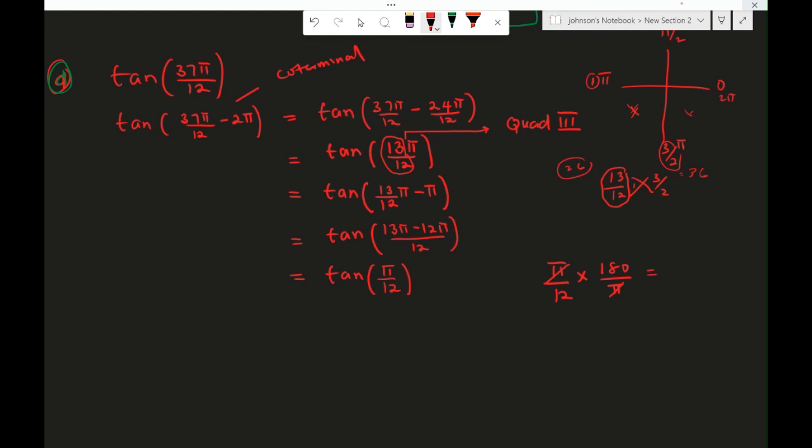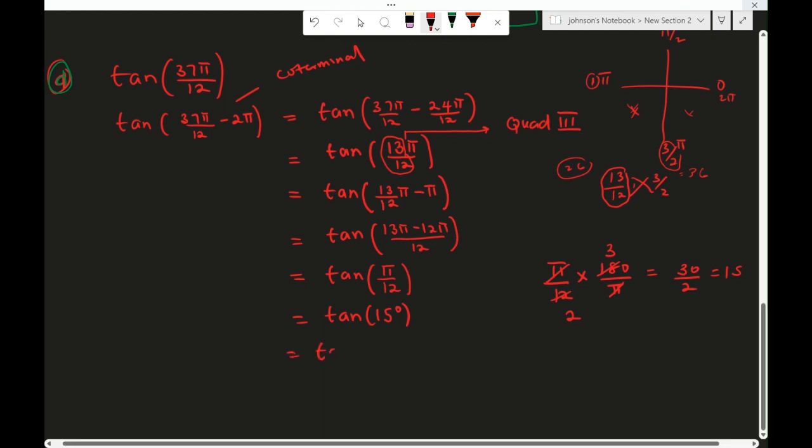So this is 180. You can have 6 here to give you 2, and 6 here to give you 3. So you have 30 divided by 2. This is 15. So this is actually tan of 15 degrees.